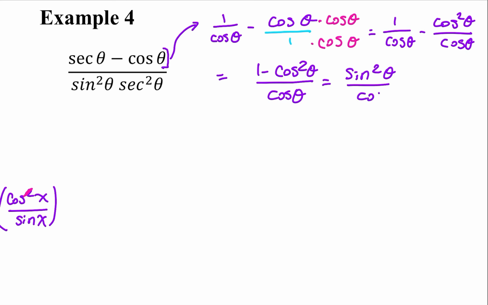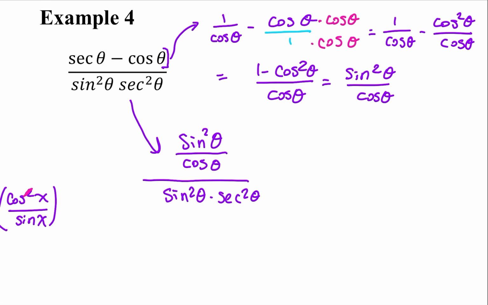So what I know now is this represents this top part here. So let's rewrite this fraction with that on top. So this now comes down here, and now we have sine squared of theta over cosine of theta divided by sine squared of theta times the secant squared of theta. And again, if you have a fraction and a fraction, don't be afraid to turn things that aren't currently fractions into fractions.